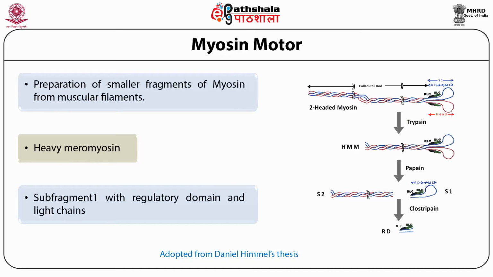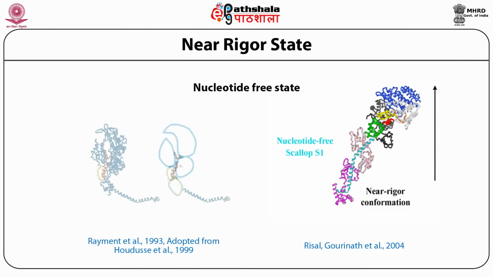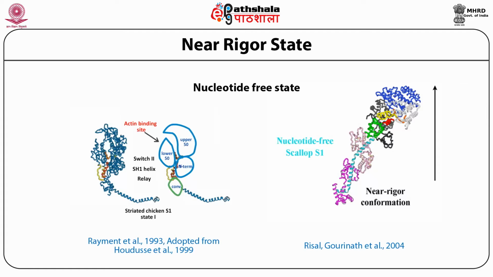In the last few years, as molecular biology techniques improved, the myosin could be cloned and expressed in insect cells or Dictyostelium. But earlier, all the myosin structures were done from natural sources. Here I am showing you the myosin structure in the no nucleotide state.